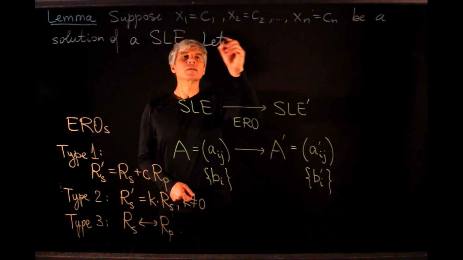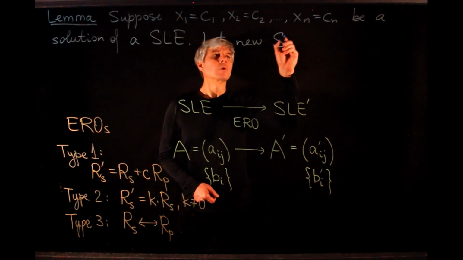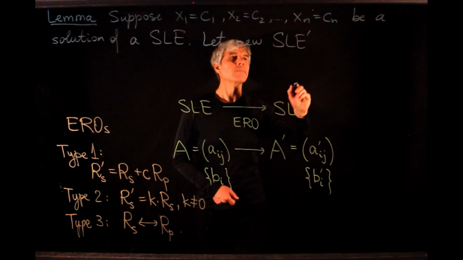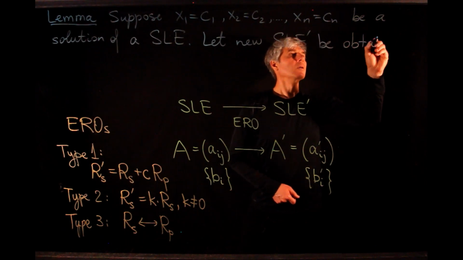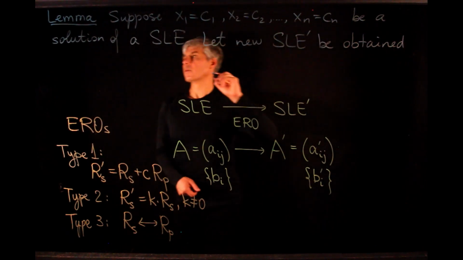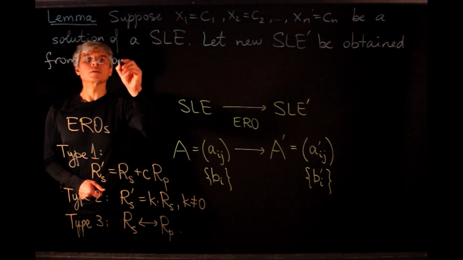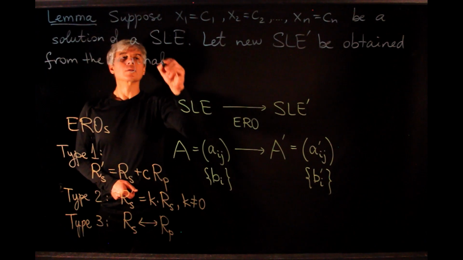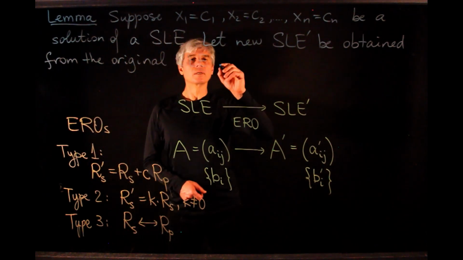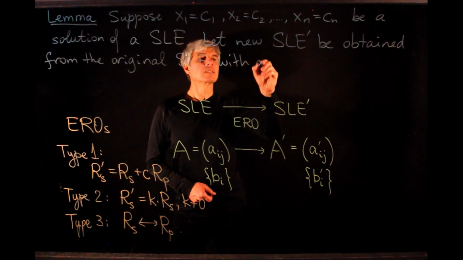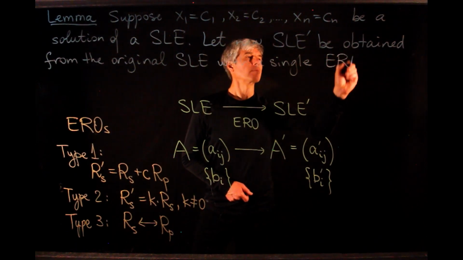And let the new system of linear equations that we denote with a prime be obtained from the original system of linear equations with a single elementary row operation.